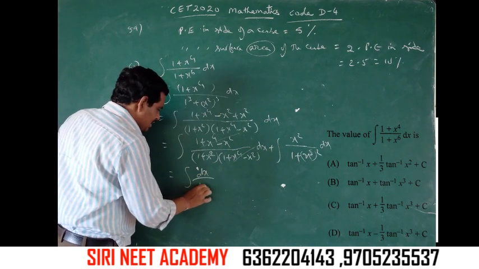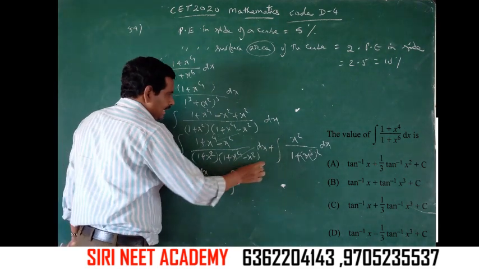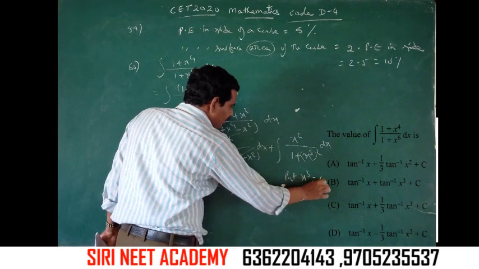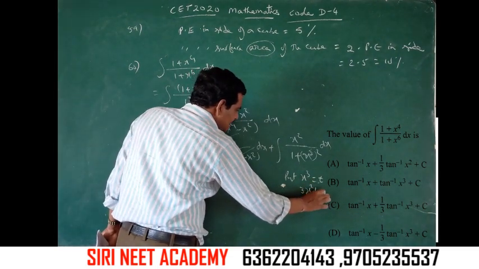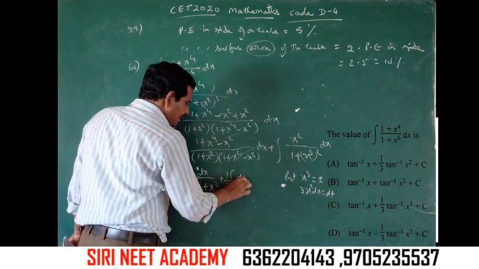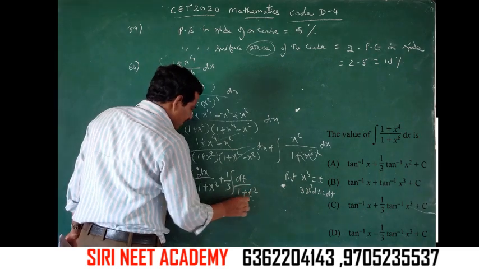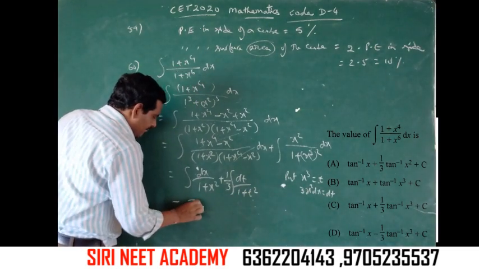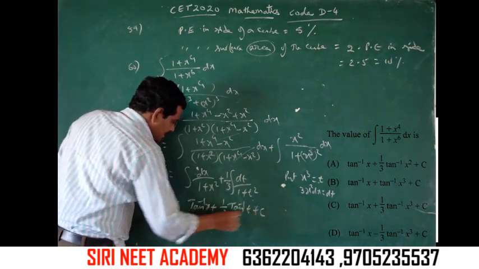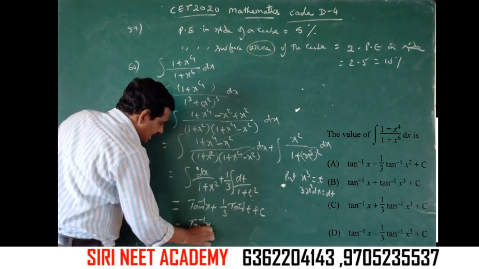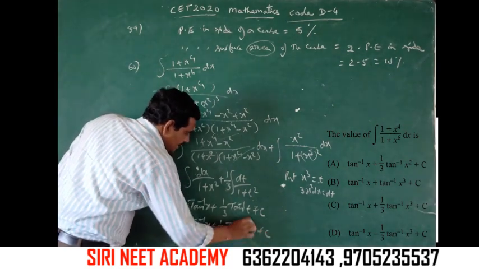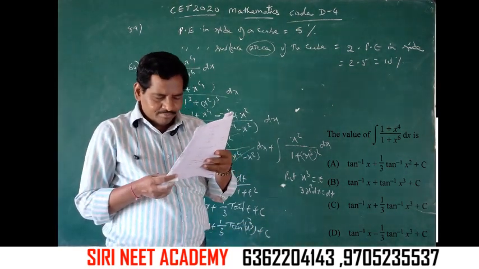Integral dx by 1 plus x square plus integral x square dx by 1 plus x cube whole square. Substitution: put x cube is equal to t, 3x square dx is dt. So x square dx is 1/3 of dt, and that is 1 plus t square. For this the formula is tan inverse x, and for this tan inverse t plus c. So the final answer is tan inverse x plus 1/3 of tan inverse x cube plus c. It was given in the third option.